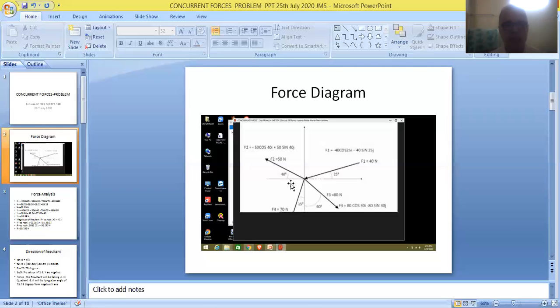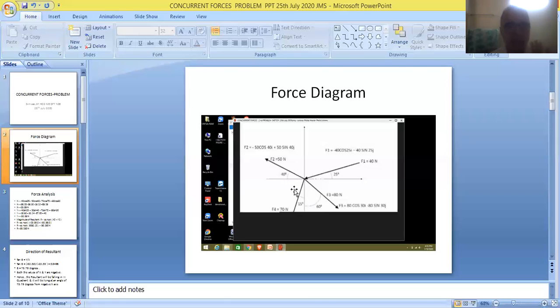The second force is making an angle of 40 degrees with the negative x-axis. And now this angle is given as 15 degrees, so the remaining angle will be 75 degrees. So F4 is making an angle of 75 degrees from the negative x-axis.